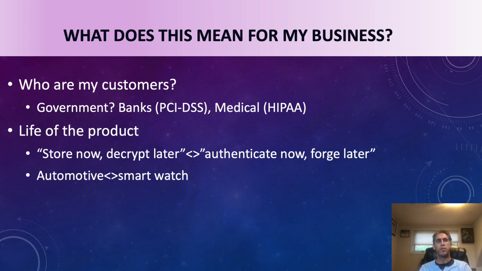If you have bank or medical customers, basically businesses that have compliance requirements, you need to think about it. You also need to think about the life of your product.